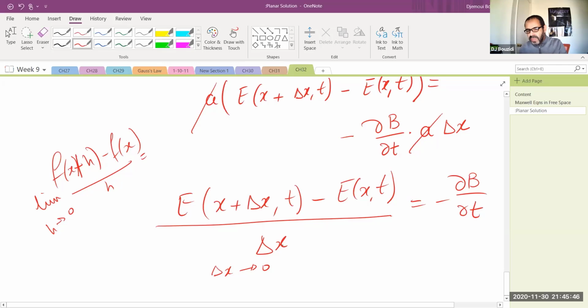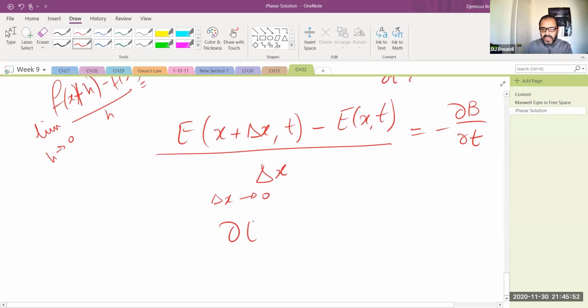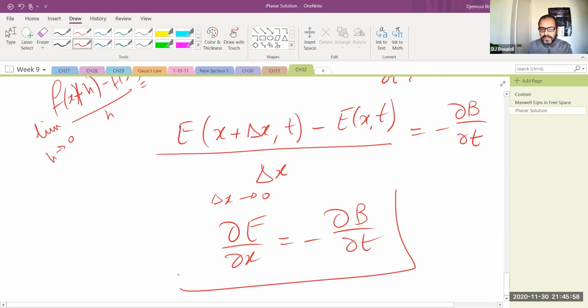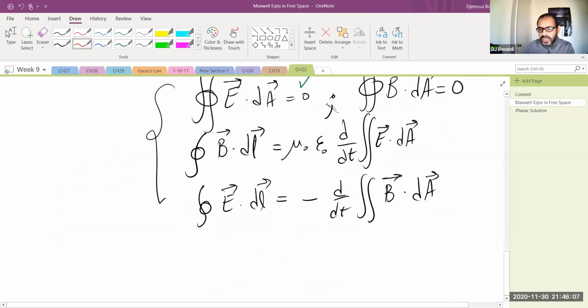So the same thing in here, except now I'm dealing with a function that depends on two variables. So this is going to be the partial of E with respect to X is equal to minus the partial of B with respect to time. So this is equation 1. This is what this equation looks like.